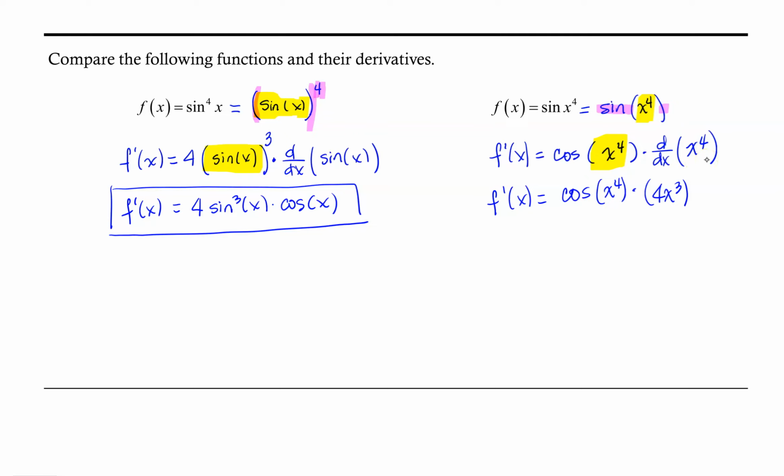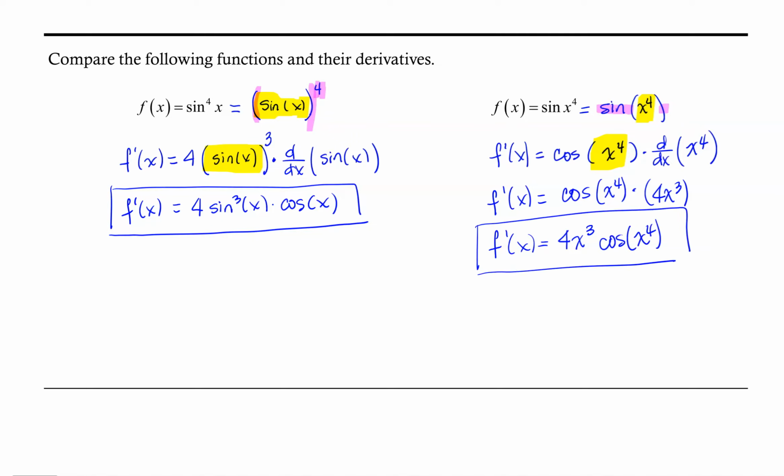function. So in the end, our derivative, our f prime of x, is 4x cubed cosine of x to the 4th power. Now notice that the two derivatives are significantly different.